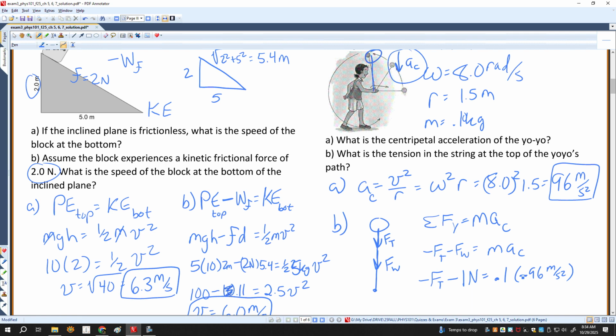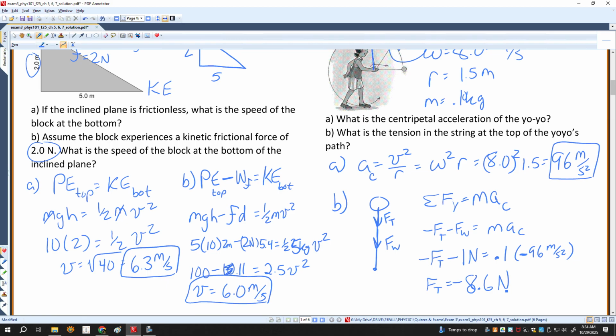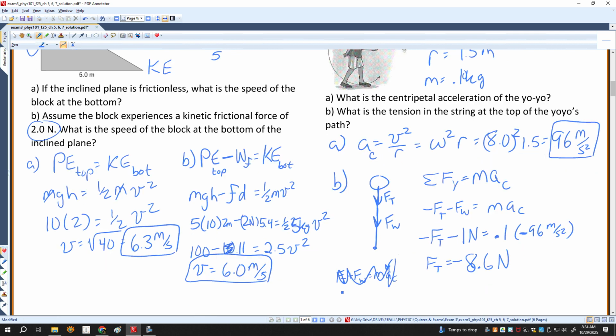If I solve that, I get Ft equal to negative 8.6 newtons. I would have accepted positive 8.6. You could have also said Ft plus Fw equals MAC if you counted it that way, but I really want negative 8.6.